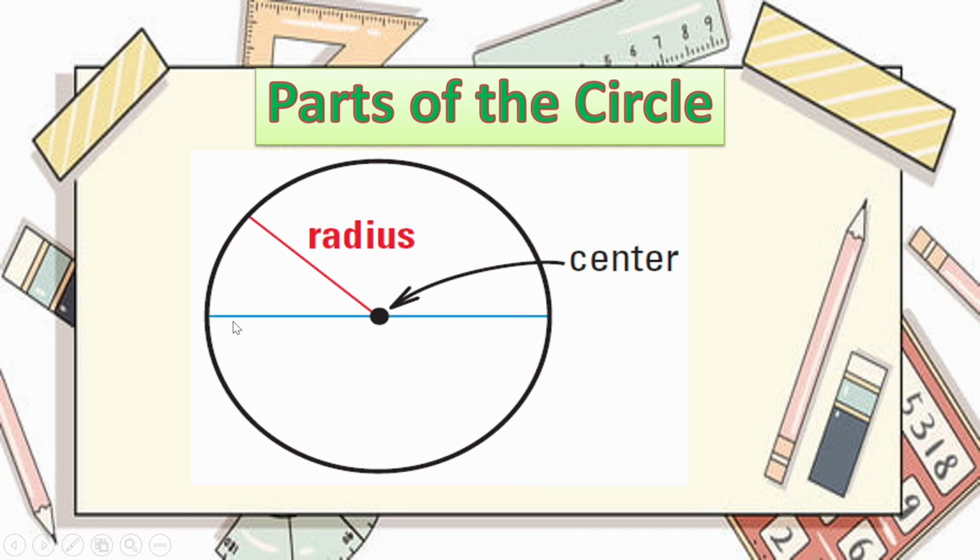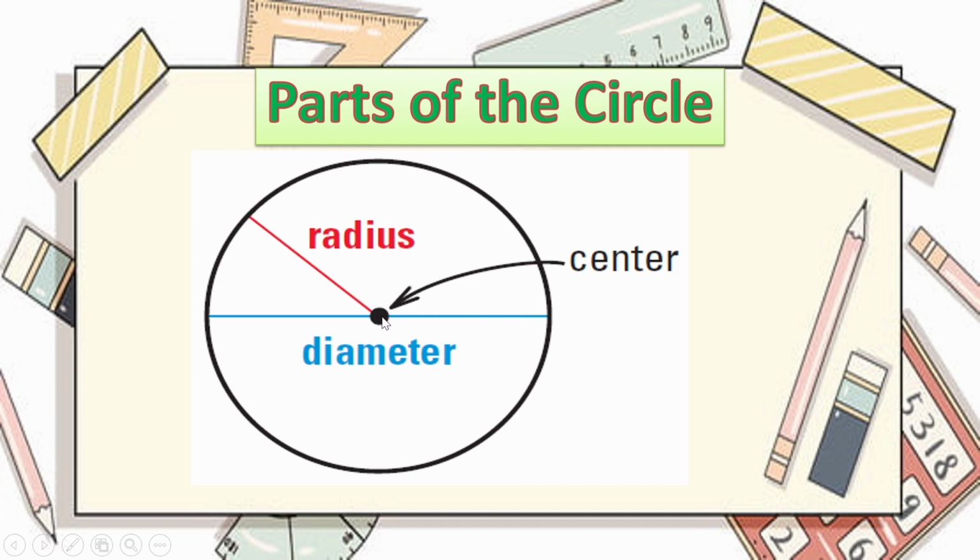And if it is composed of two radius, okay, from one point on the circle across the center to another point on the circle, it is called a diameter. Everybody please say diameter. Okay, so these are the parts of the circle.